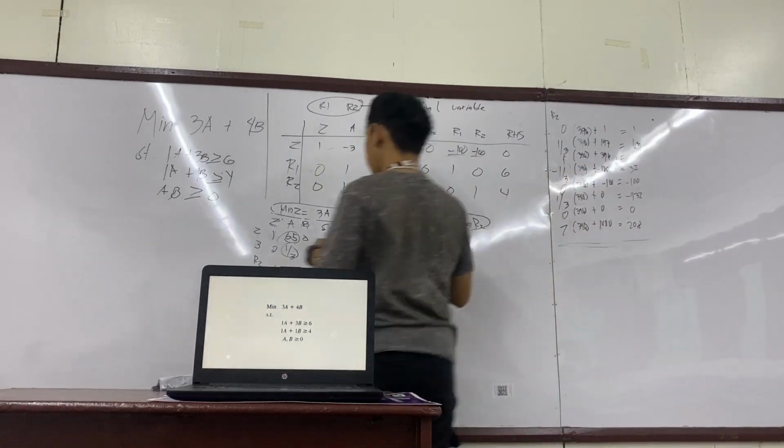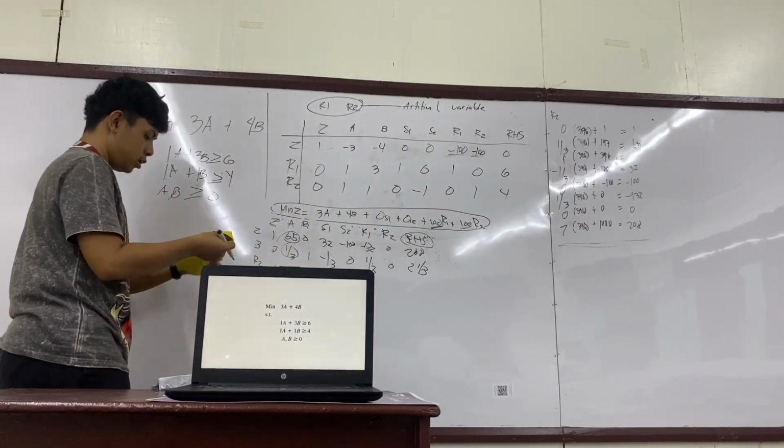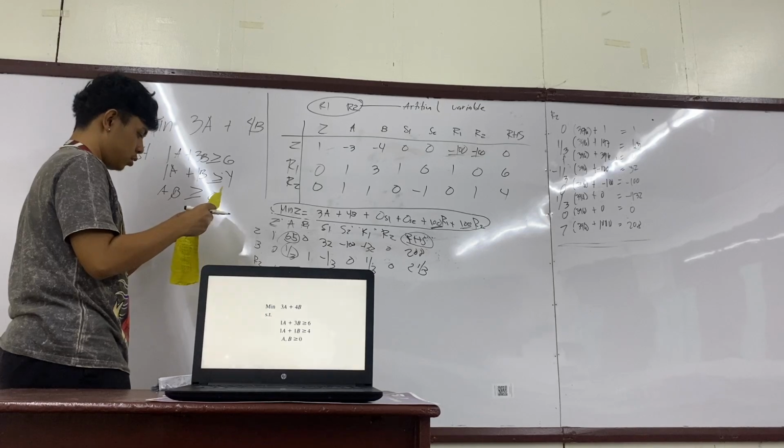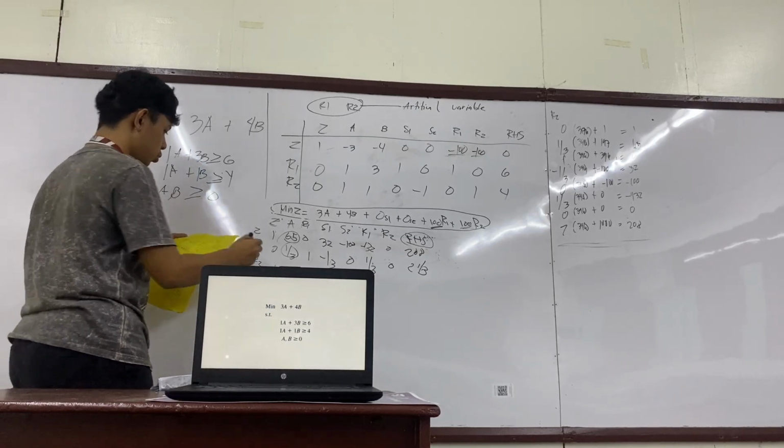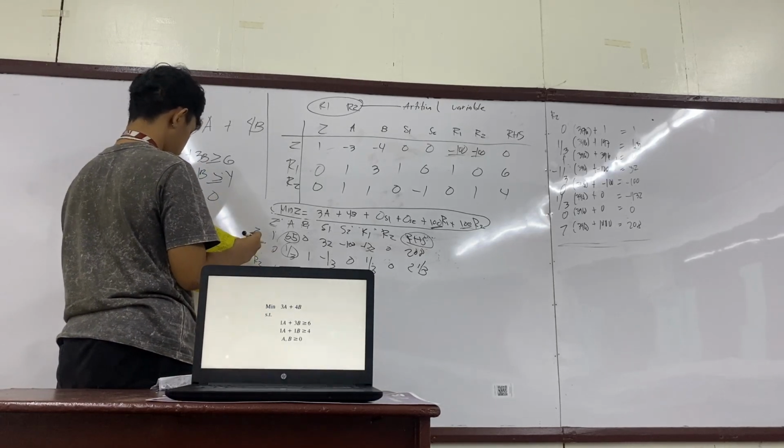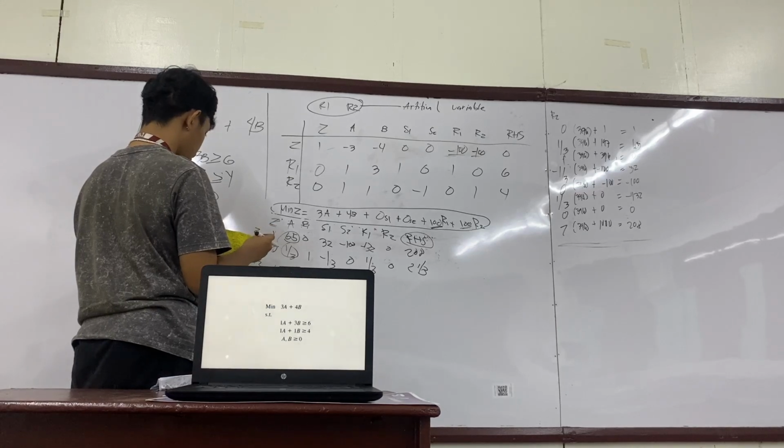So the table here, part 2 is 0. Okay, the D here is 1.